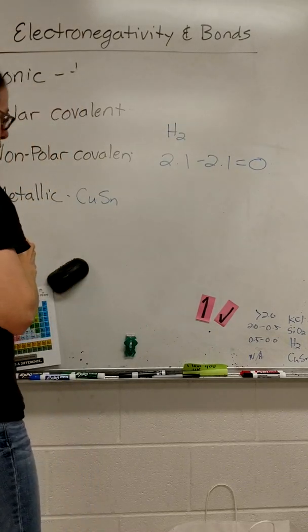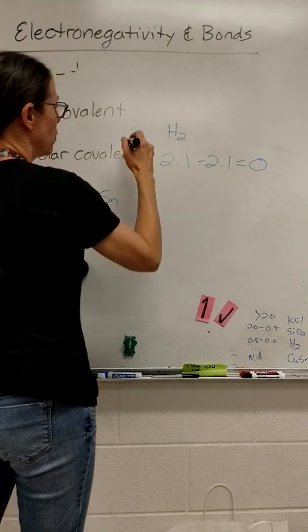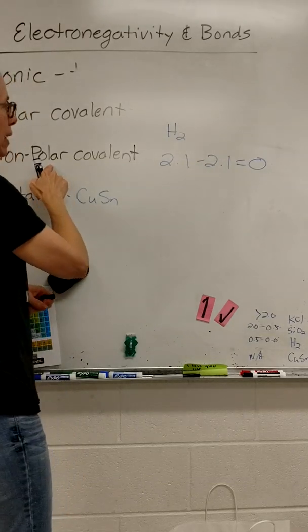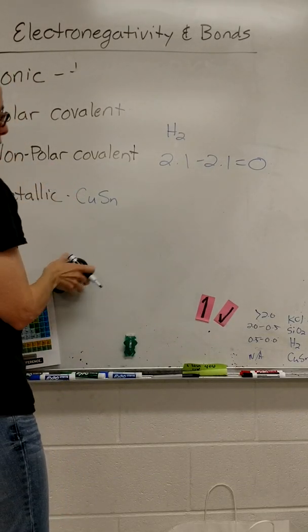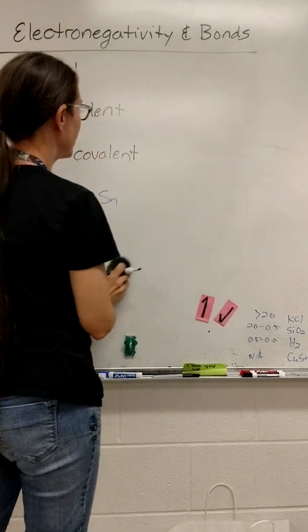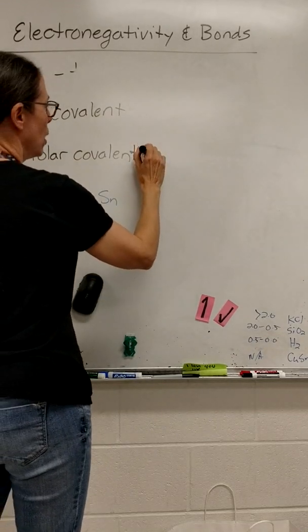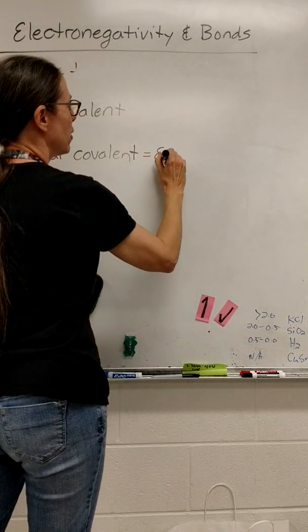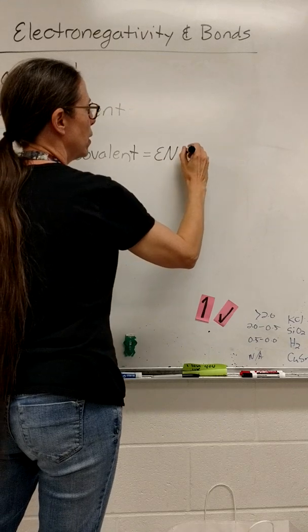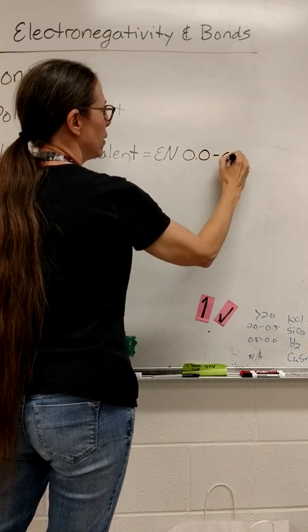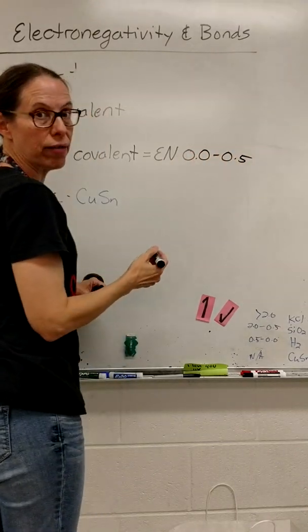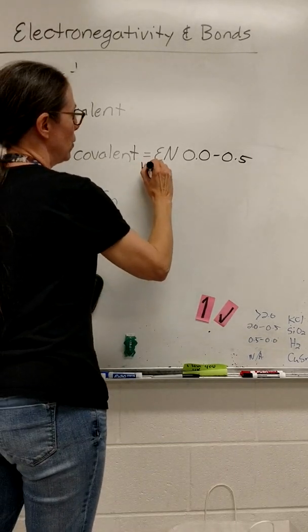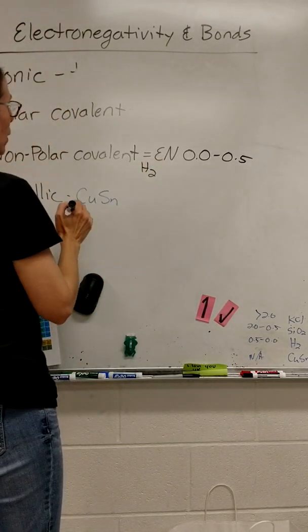When we have an electronegativity difference of 0, that is going to be a non-polar covalent bond. They are sharing exactly equally. So non-polar covalent bonds have an electronegativity difference of between 0 and 0.5. So that would include our diatomic hydrogen.